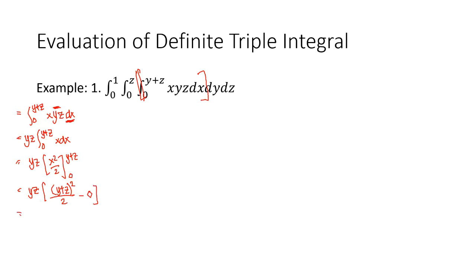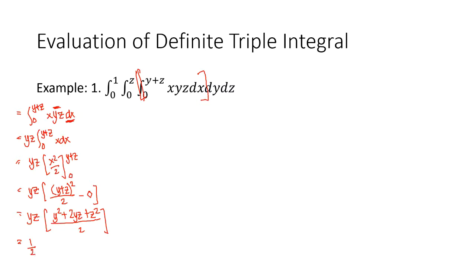Okay, so expanding this, it is a square of a binomial, so we can expand that. We have yz times (y squared plus 2yz plus z squared) all over 2. Okay, so after that, let's simplify this further. We can put 1/2 outside.